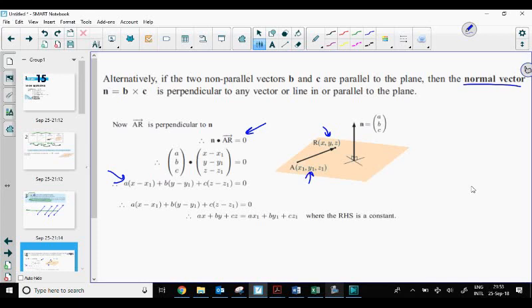We can then distribute the A, B, and C, and then move a bunch of values over to the right-hand side. Those are all constants, because I do know A, B, and C. A, B, and C is the normal vector for the plane. And since we know what x1, y1, and z1 are, this is a constant over here. So how do we write the equation of a plane? It's just ax plus by plus cz is equal to a constant.